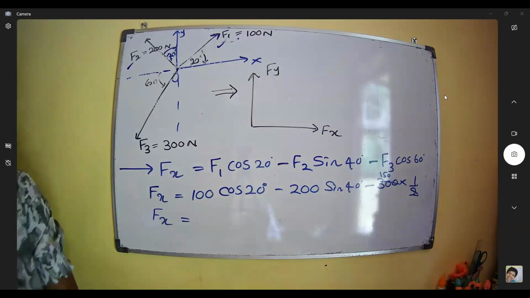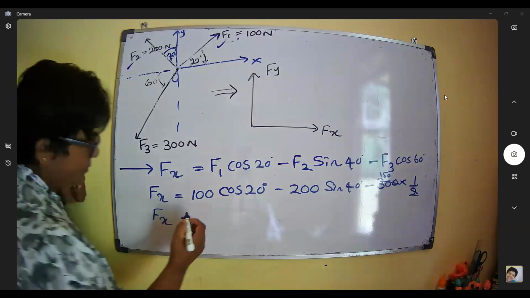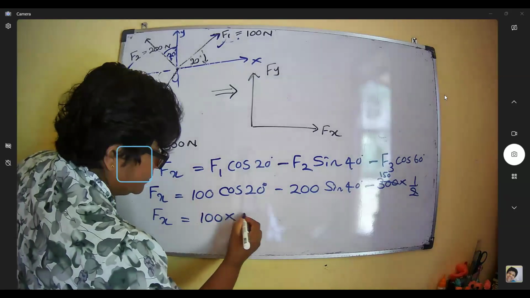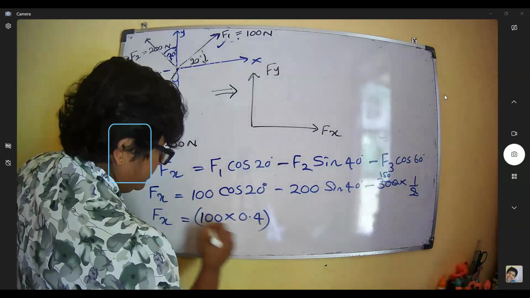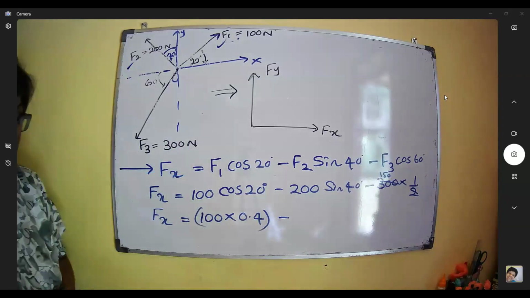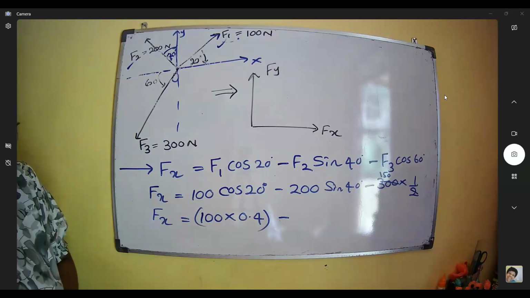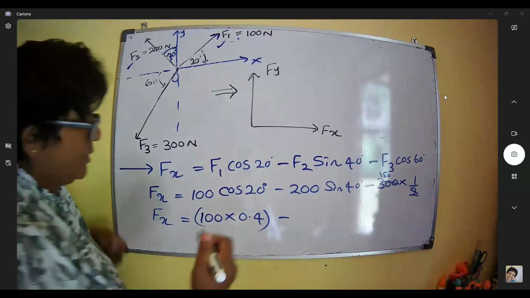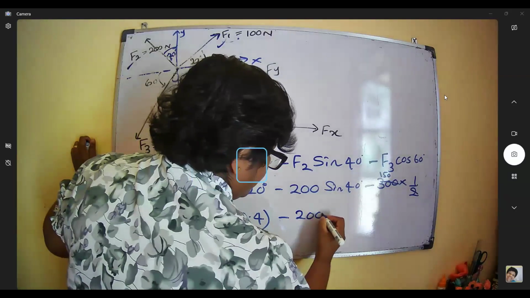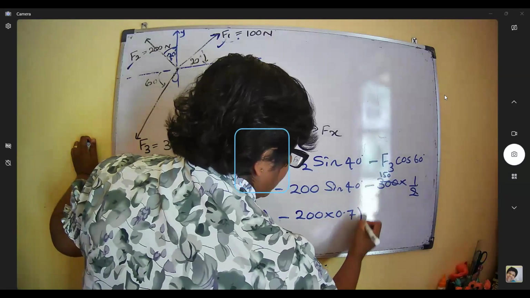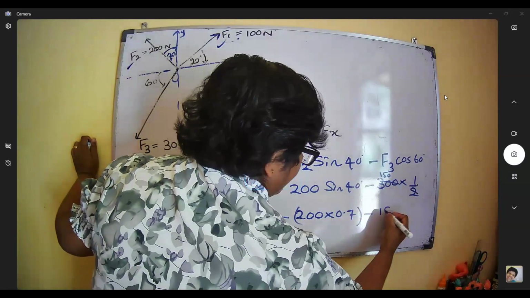cos 20 is 0.4, minus, 0.7. 200 into 0.7, minus 150.